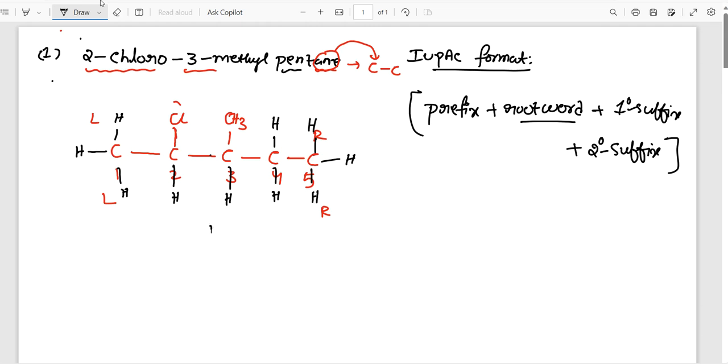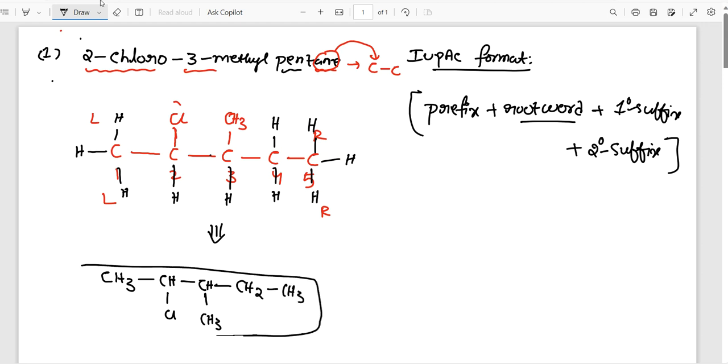So finally the structure of 2-chloro-3-methyl pentane is CH3-CH(Cl)-CH(CH3)-CH2-CH3. This is the final structure of 2-chloro-3-methyl pentane. I hope this concept is clear to you.